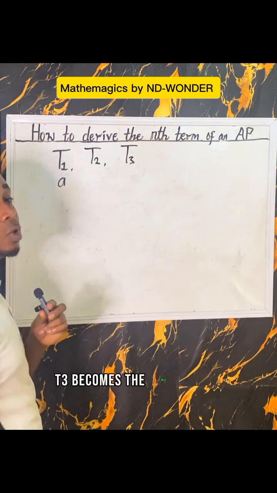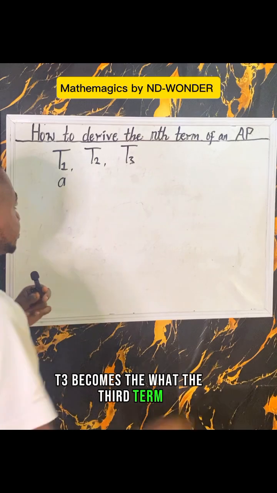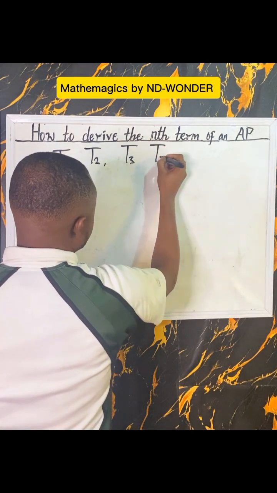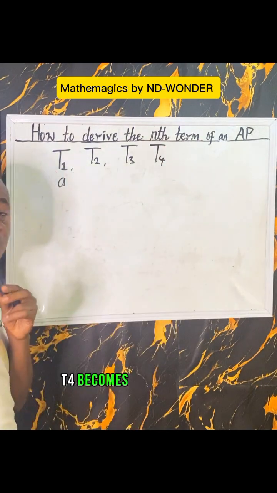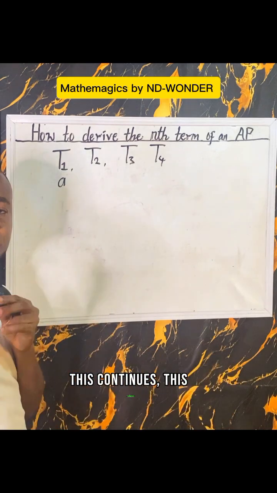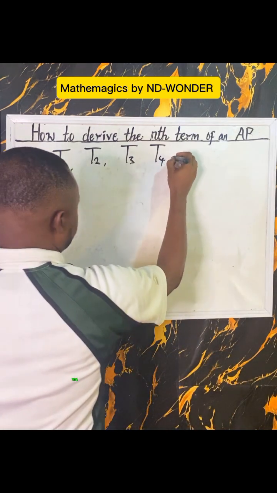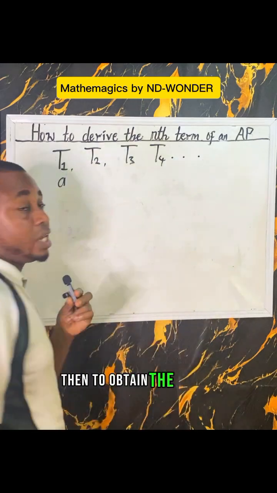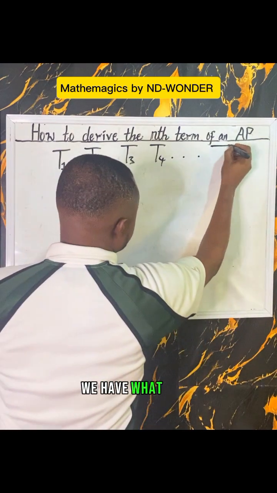T3 becomes the third term. T4 becomes the fourth term. This continues, this progresses. Then, to obtain the nth term, we have Tn.